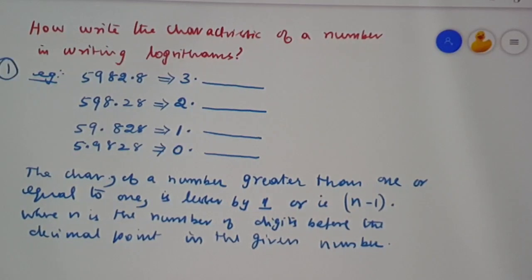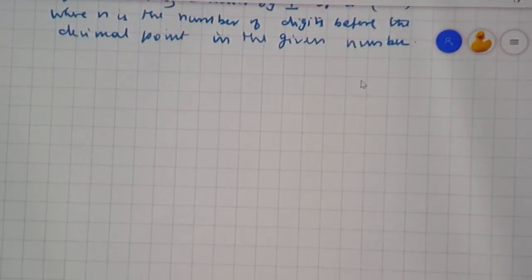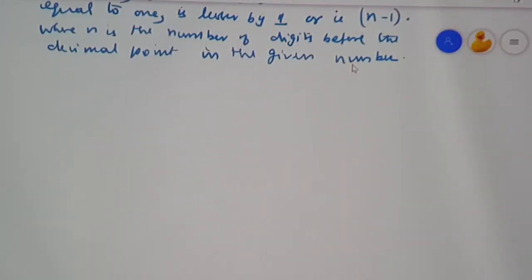See how to write the characteristic part of a number. If the number is less than 1, let us consider the same example. Let us write it in a manner where the number is less than 1.